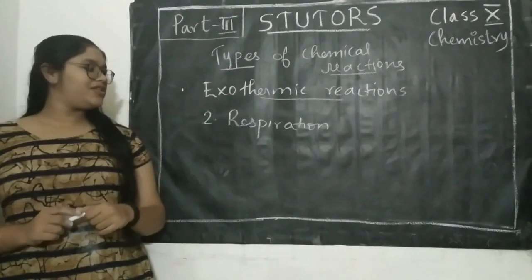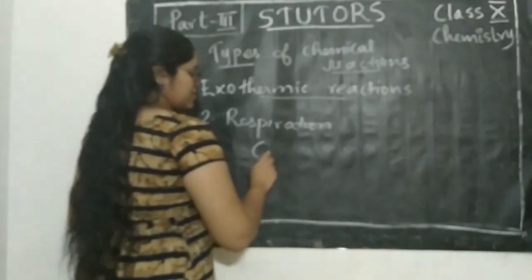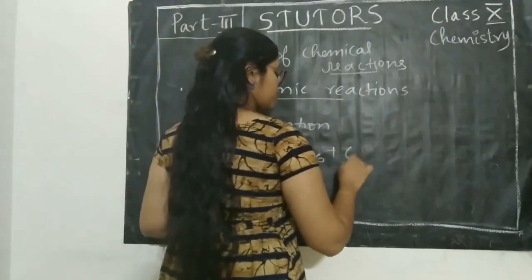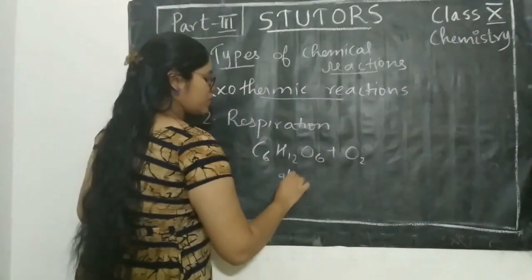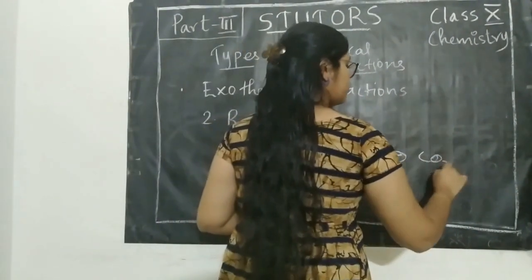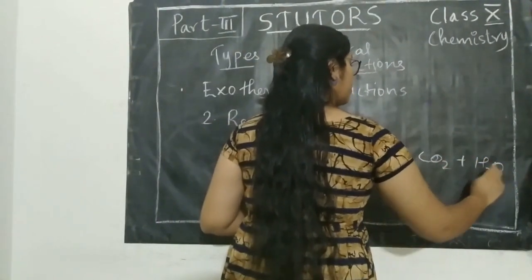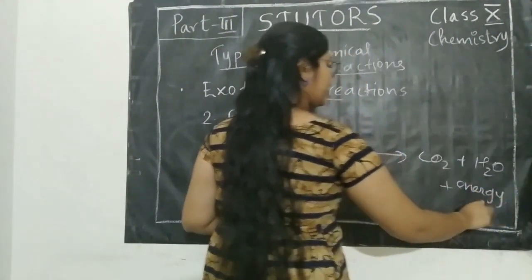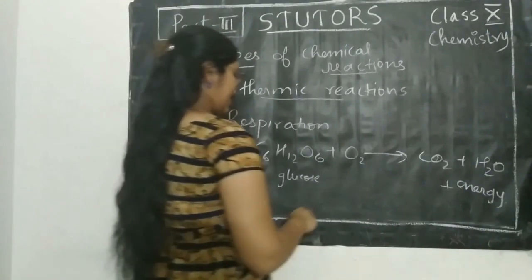So the second reaction is respiration. C6H12O6, you know, this is glucose. We get carbon dioxide plus water plus energy or heat. And now we have to balance this.